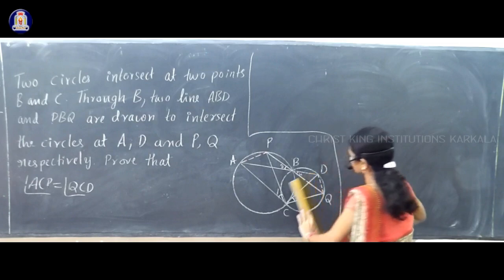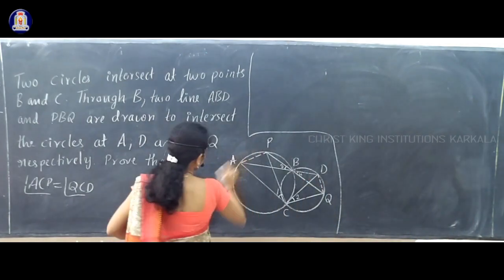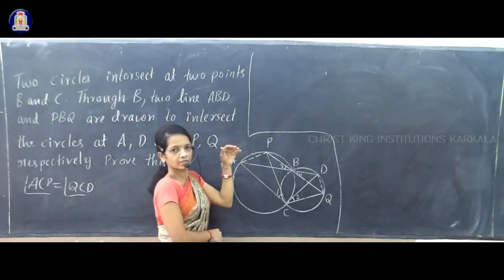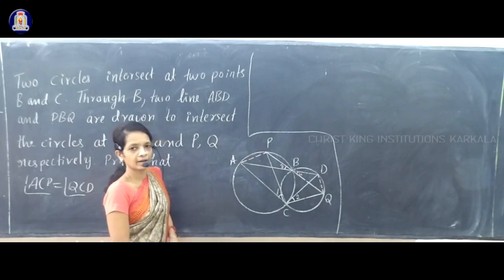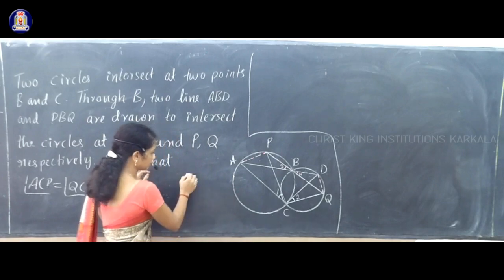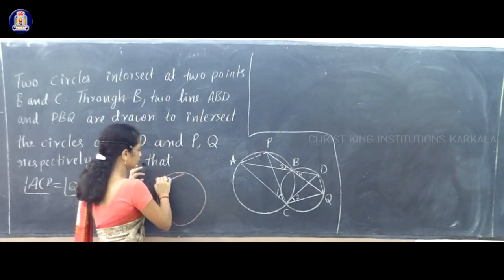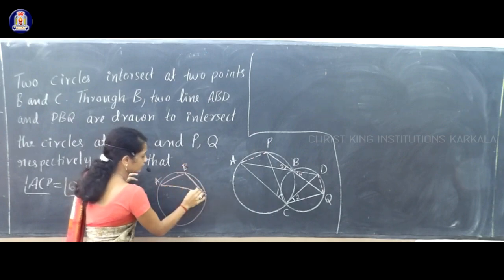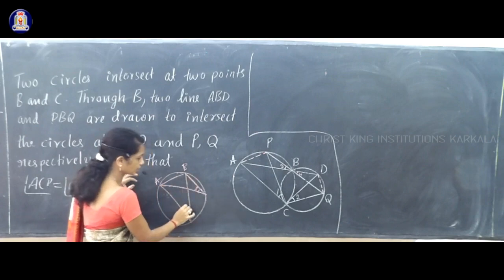So then what you can see here? See here you have chord AB. Okay, and this side of the chord you have the major segment, and we know that angles in the same segment are equal. So what you can say about angle 3 and angle 1? See, I'll highlight only part of that figure. Like this, you have AB, and here you have angle 3 like this, and angle 1 you have like this.